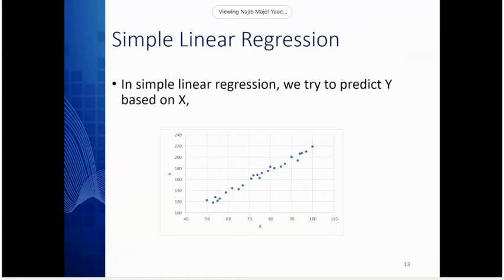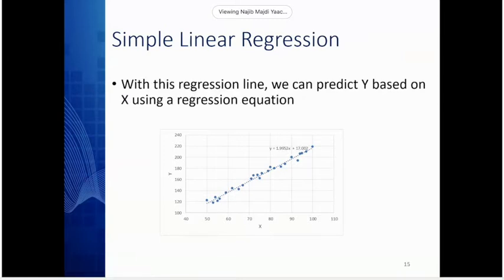This is a common mistake: people do correlation analysis and include a regression line. The regression line is only appropriate for regression analysis because it is a prediction line, used when you want to predict one dependent variable based on one independent variable.